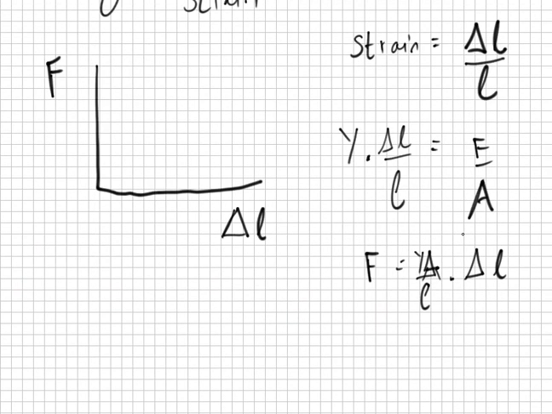And if there is no extension, then there's no force. Sorry if you can't see there, I'll write it again. That is Y delta L on the top there. Y A over, that's an A, over L. So no extension means no force, and then as I increase the extension, I get more force.